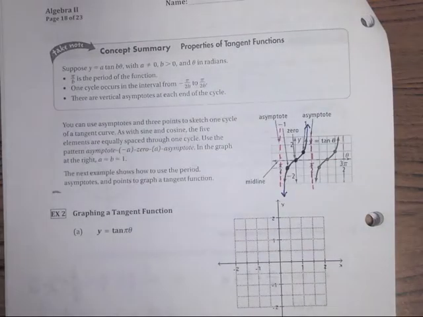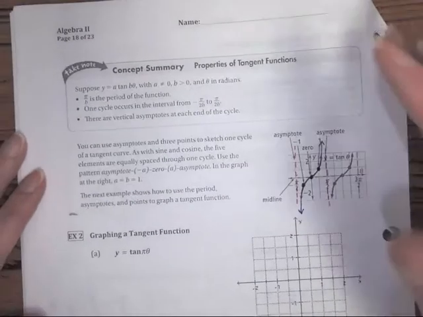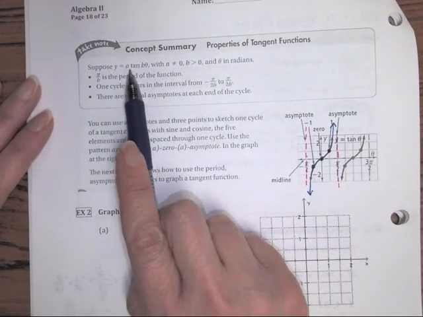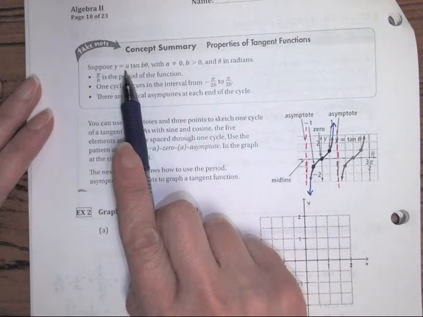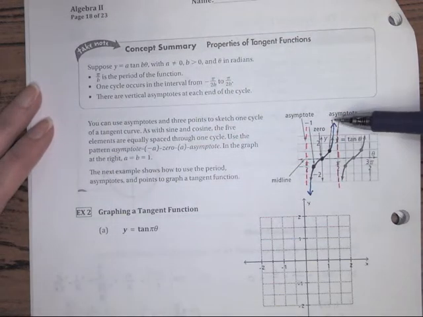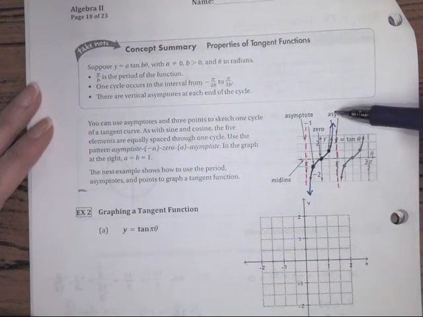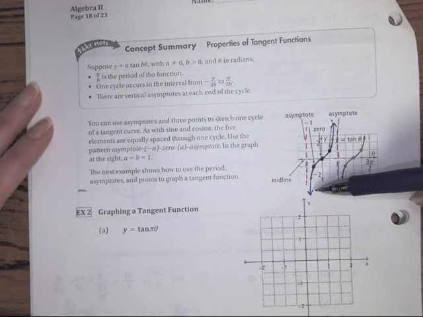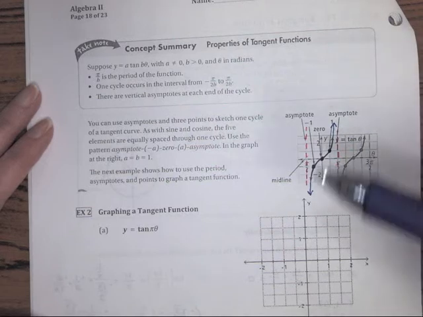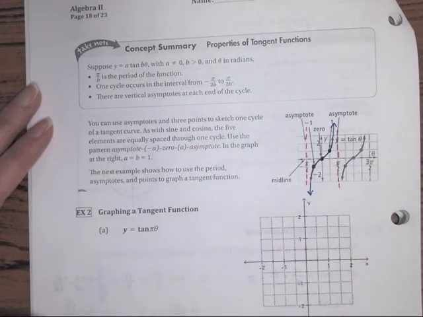So some characteristics: suppose we have y equals a times tangent b theta. You remember before a was our amplitude? Can you see how this does not have amplitude because it goes infinitely upward and infinitely downward? A is still a measure of vertical stretch or compression, but it is not amplitude because the tangent function does not have amplitude.